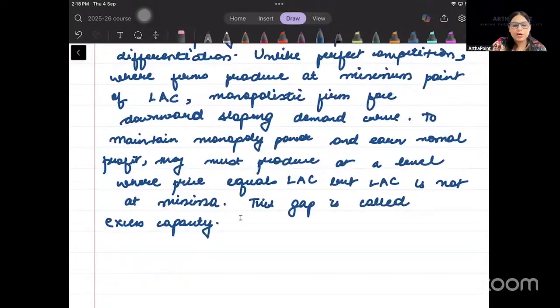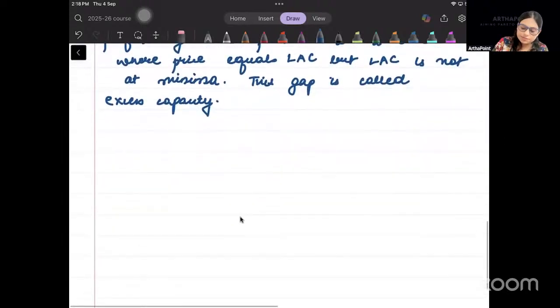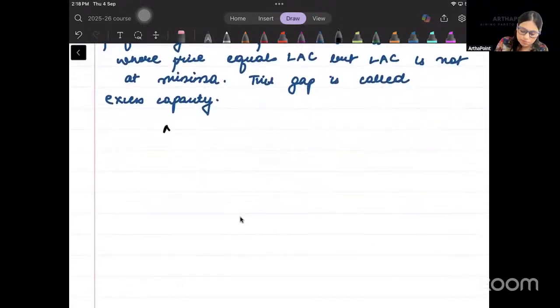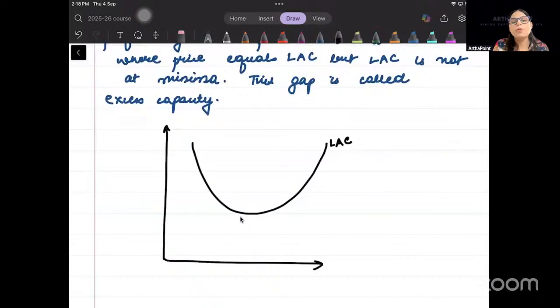Let me just show you graphically what excess capacity means. So what happened, beta? You have this as the long run average cost. A perfectly competitive firm produces here, at QC. But we are not a perfectly competitive firm; we are a monopolistic firm, and we don't have a horizontal demand curve. Rather, we have a downward sloping demand curve.